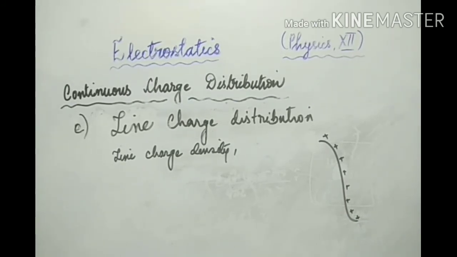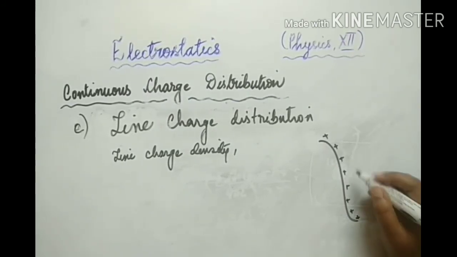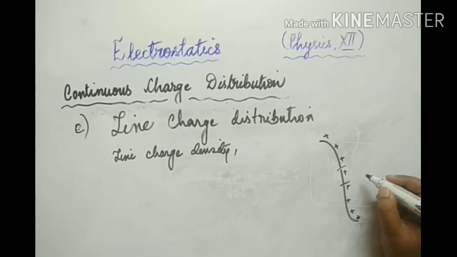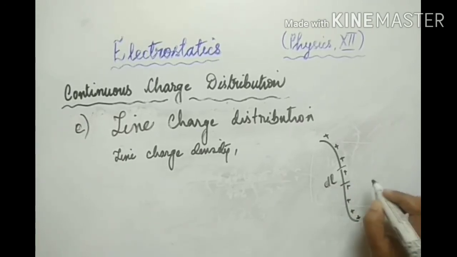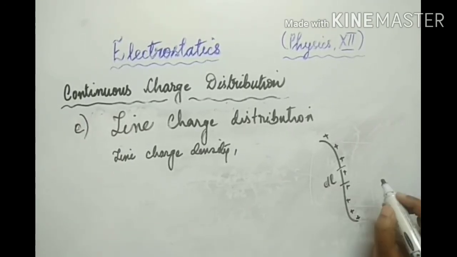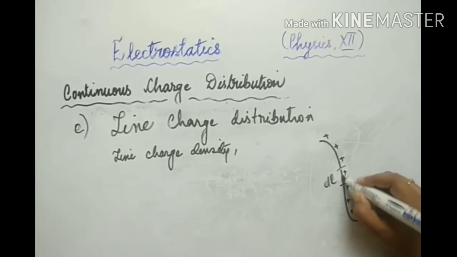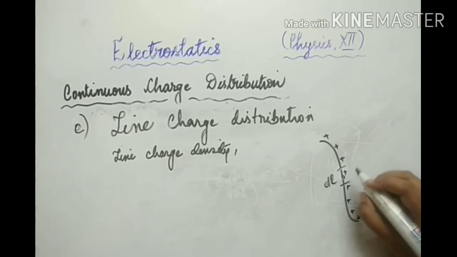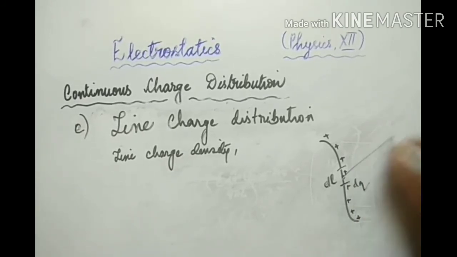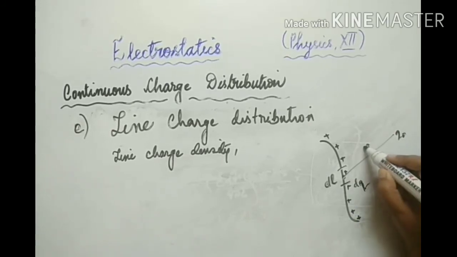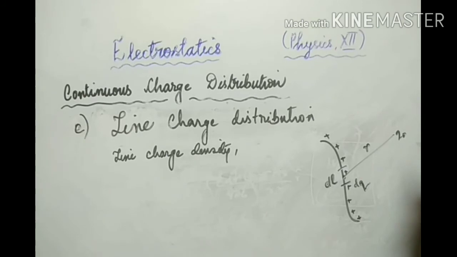In this case, we can consider a small element of length dl, which consists of charge dq, and suppose we want to calculate the force and electric field due to this dq amount on the test charge.